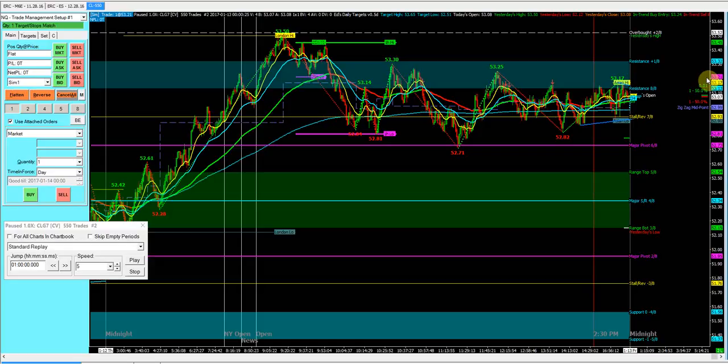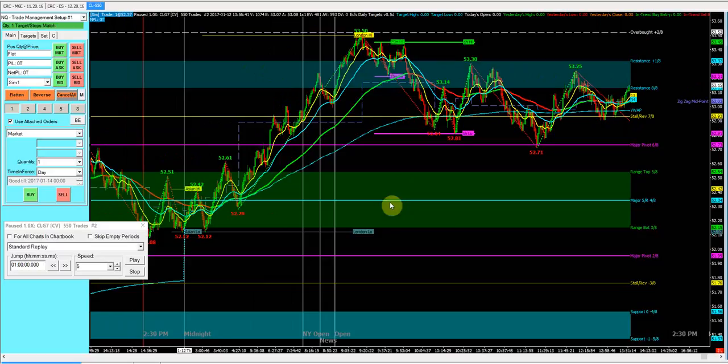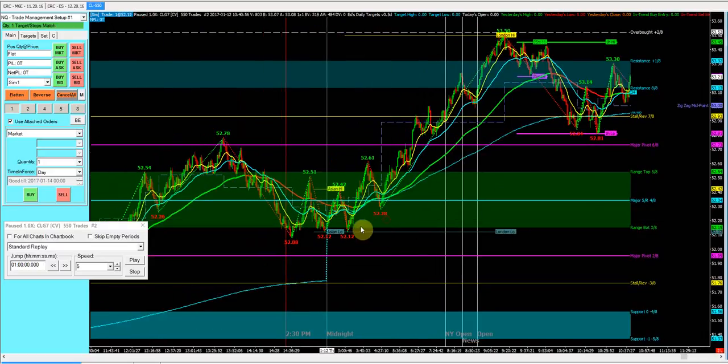Unfortunately, it touched 53.15 and did not fill. So I'm going to set that up again. Now, when we go back, you'll notice that the major support resistance line and the range have redrawn themselves. You'll see that it chopped down here.